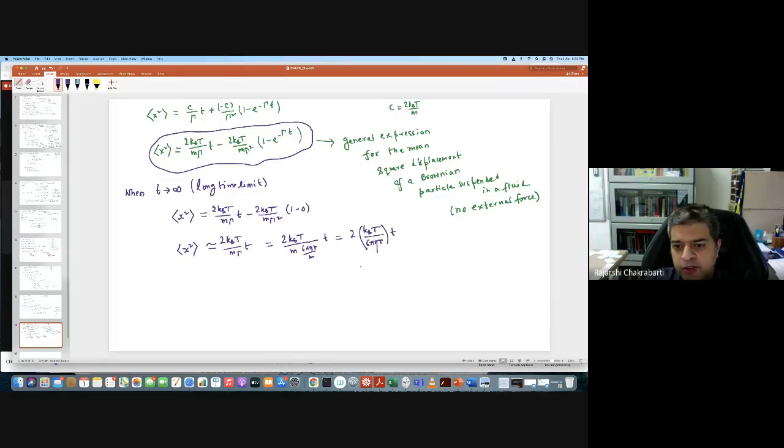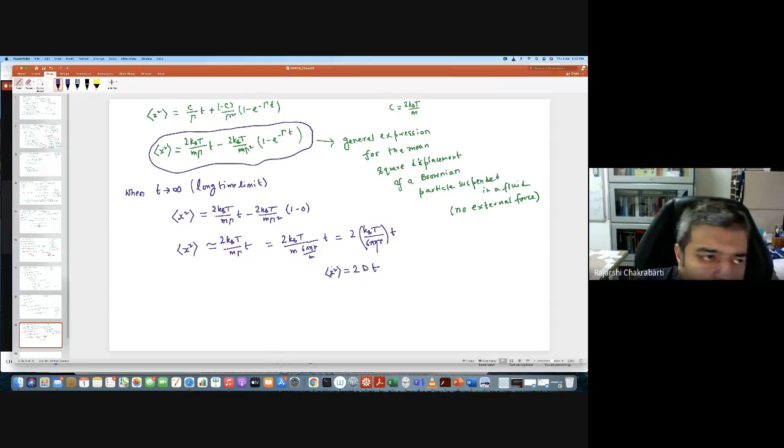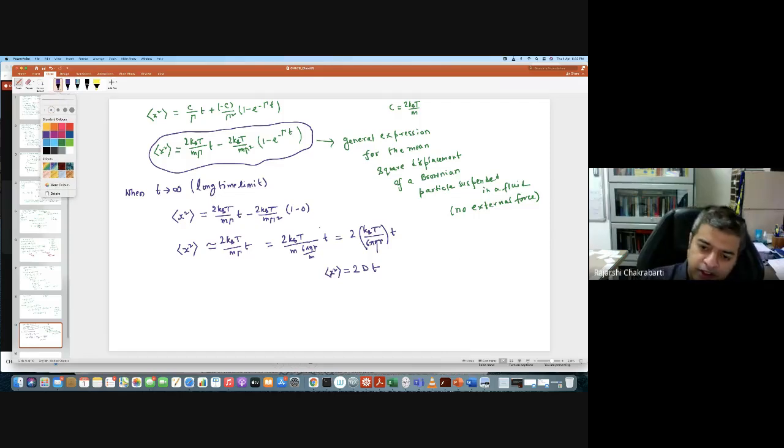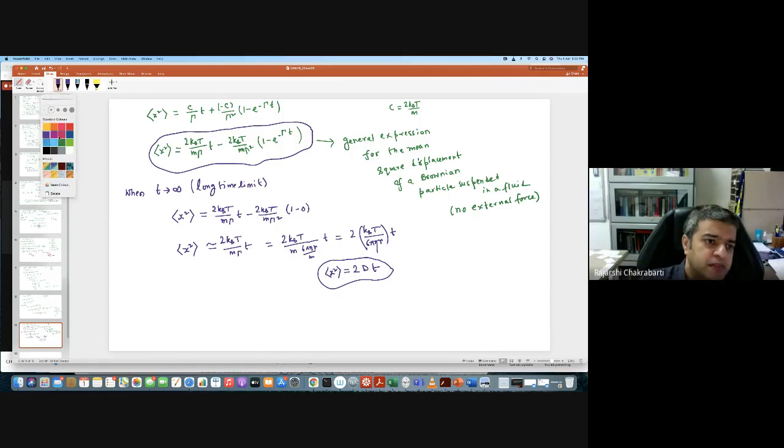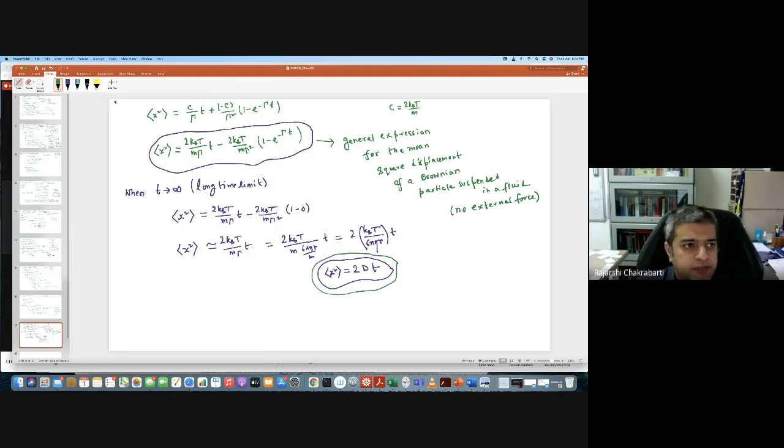And you know what this kbt by this one is? This is the diffusion constant. And this is exactly what you got doing this Einstein treatment, no? Langevin's treatment gives you the same result as that of Einstein treatment, isn't it? It's very interesting.